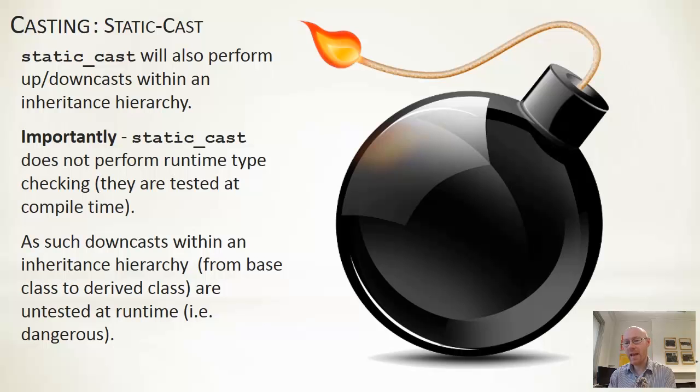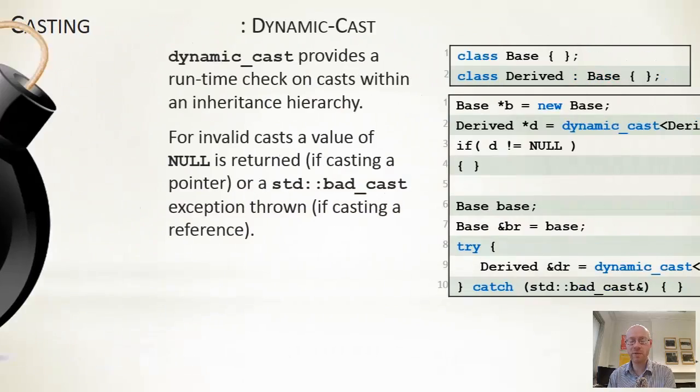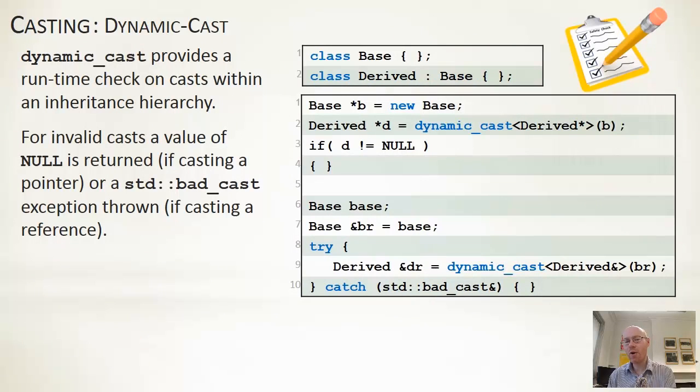It will be executed whilst the program is running, not whilst it's being compiled. So a lot of dynamic casting will have an impact on the performance of your program. But what it will do at runtime is check to see if you have an instance of this base class. I've got a shape, and I'm saying, actually, no, it's a circle. It will test at runtime to see if that really is the case.